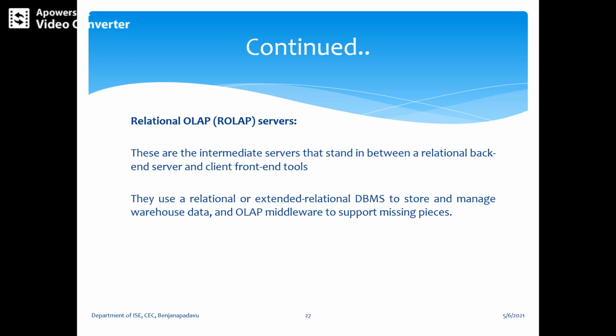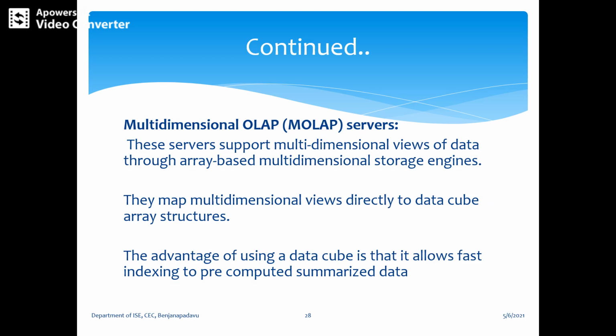The DSS server of MicroStrategy, for example, adopts the ROLAP approach. The second one is MOLAP, the multidimensional OLAP server. This server supports a multidimensional view of data through an array-based multidimensional storage engine. They map multidimensional views directly to the data cube array structure.